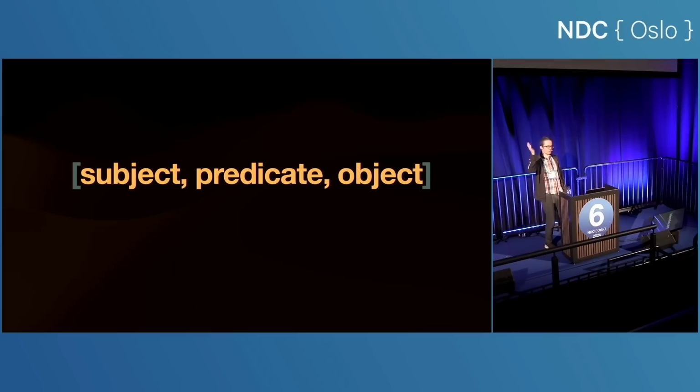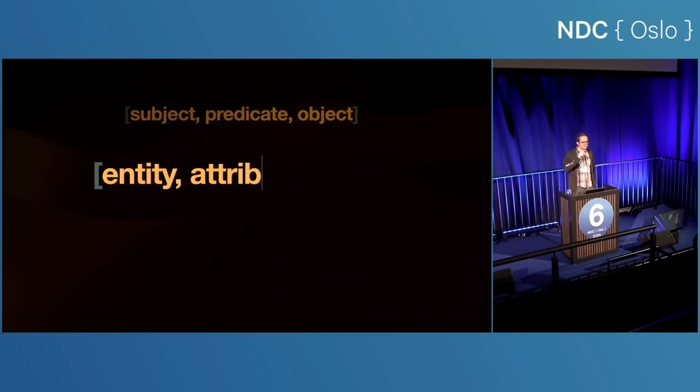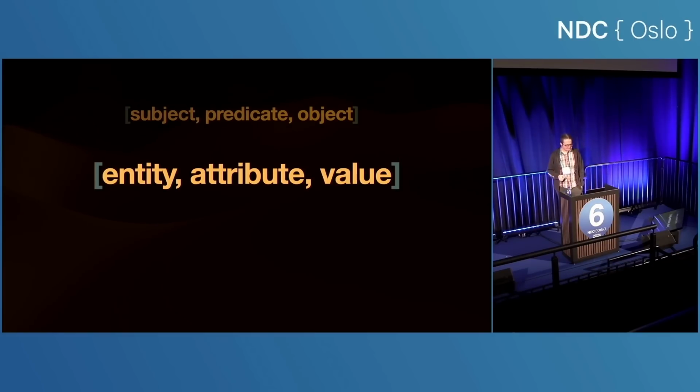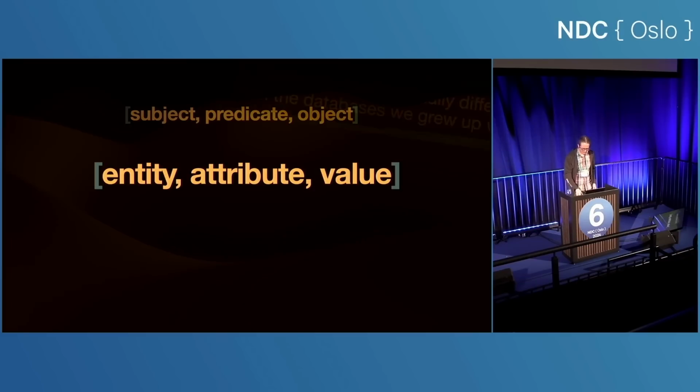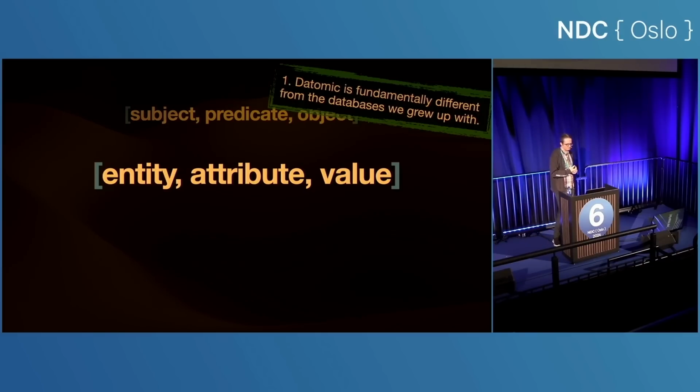Sarah reads a book. In Datomic, we call these entity, attribute, and value. And Datomic stores its data in this format. So here's the first lesson I learned. It is that Datomic is fundamentally different from the databases we grew up with.